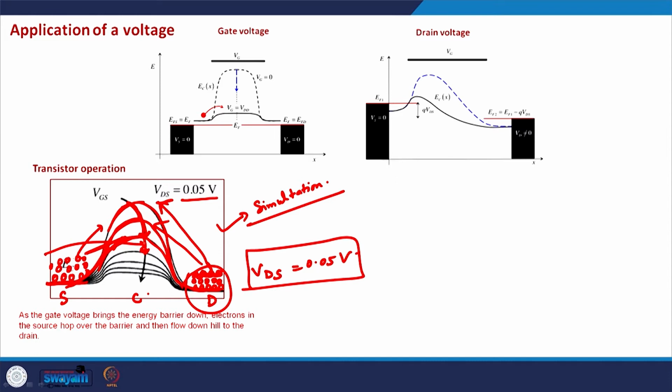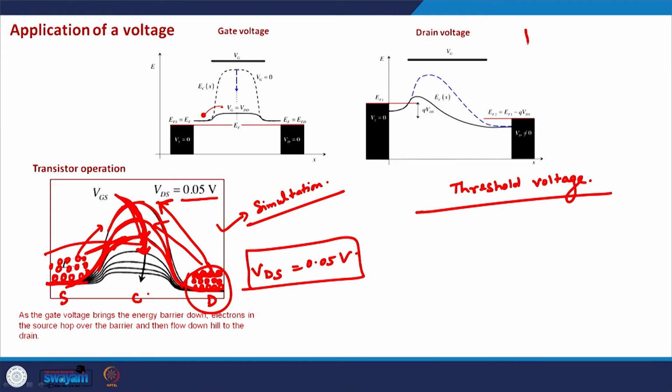So only after a certain gate voltage does a significant current start in the device, and that gate voltage is known as the threshold voltage. Before the threshold voltage, if the gate voltage is less than the threshold voltage, the current is very small.